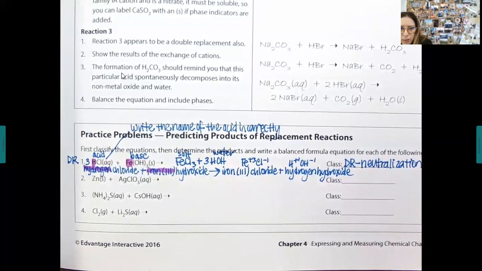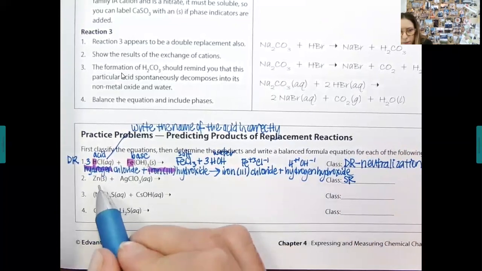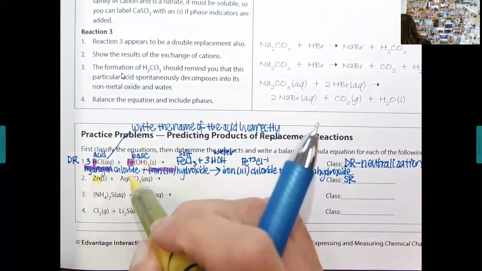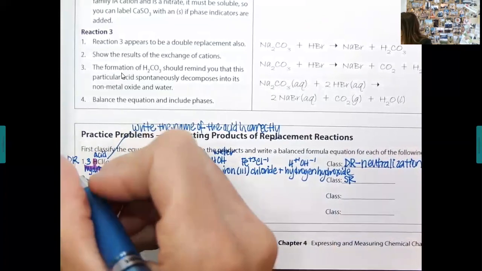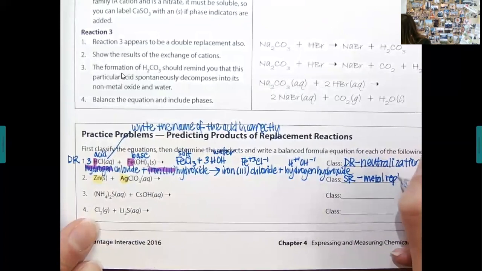Number 2 is going to be a single replacement reaction because you have an uncombined element, zinc, and then you have a compound that contains a metal, silver. So this would technically be a metal replacement, single replacement reaction.